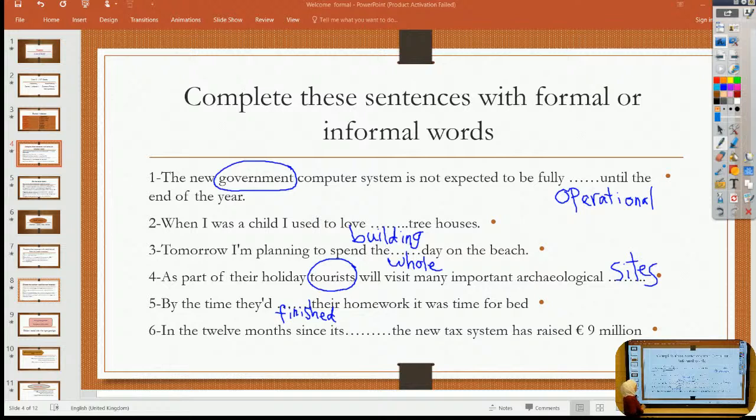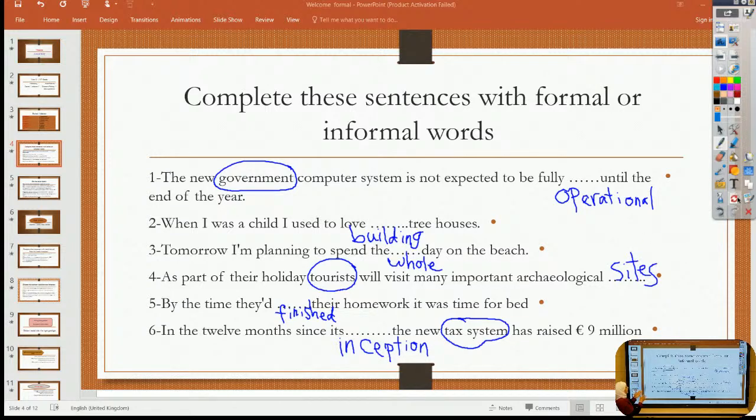In the 12 months since the new tax system has raised 9 million pounds. Here we have the words, notice here, tax system. So it is formal here. Tax system is related to the government. So in the 12 months since its inception, the new tax system has raised 9 billion.